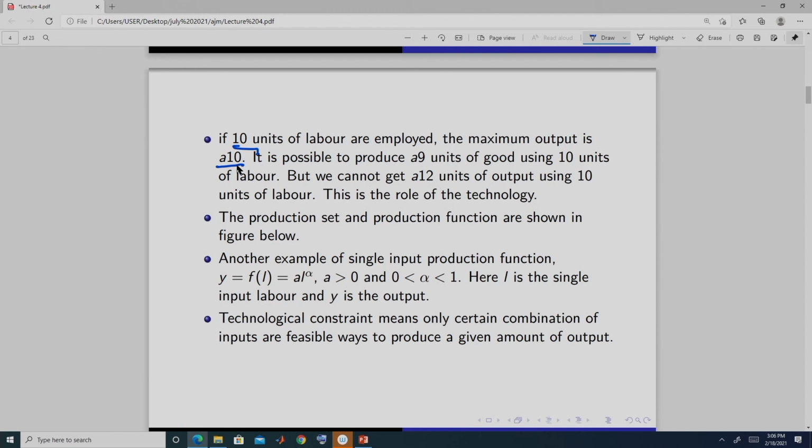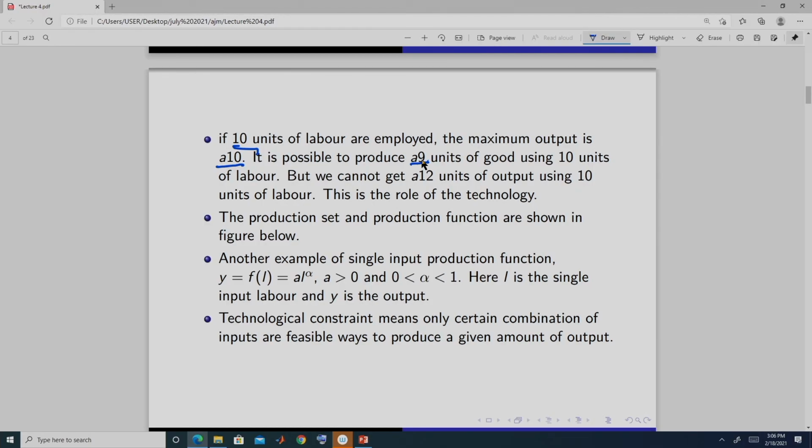It is possible to produce A times 9 units of output, because whatever maximum is possible is A times 10, but still we can produce A times 9. But we will never be able to produce A times 12 units of output by employing 10 units of labor. This is the role of the technology. It determines the maximum possible output given the input.